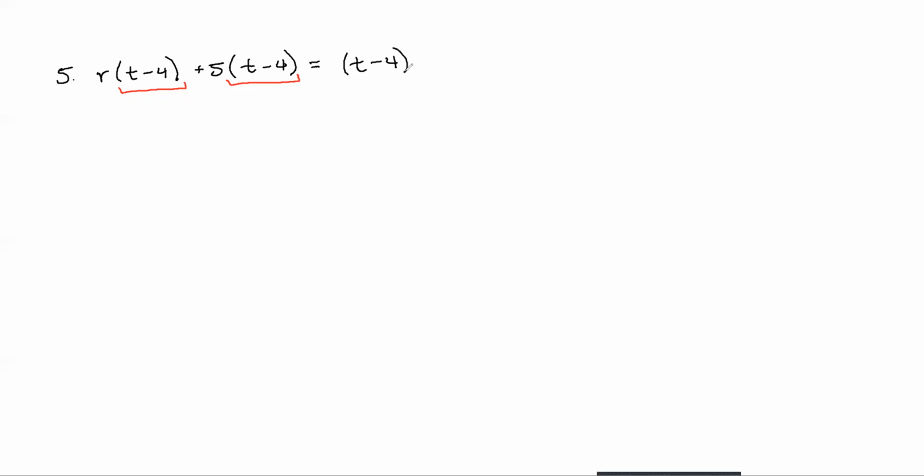One more thing: if we factor something out, we set it in front of another set of parentheses. So we're going to have another set of parentheses here. If I get rid of the t minus 4 from this first term, so this term is this entire thing, we're left with an r plus, get rid of t minus 4 from here, and we're left with 5.